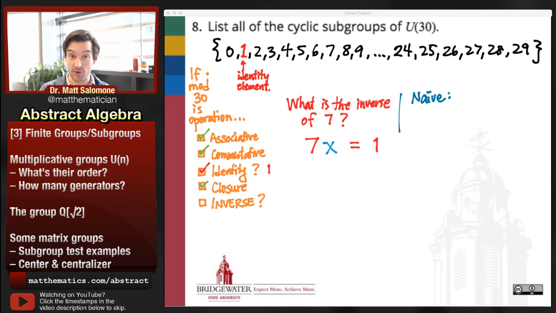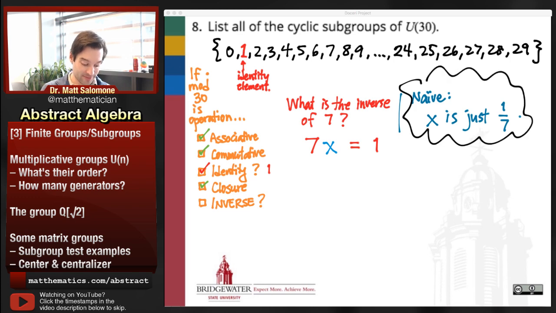So the naive answer is, oh, x is just 1/7. The problem with this naive answer is that it's nonsensical from the abstract algebra perspective, right? Because this notation, 1/7, is meaningless unless somehow 1/7 can be identified as an element in my group.